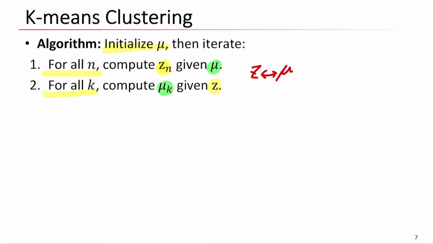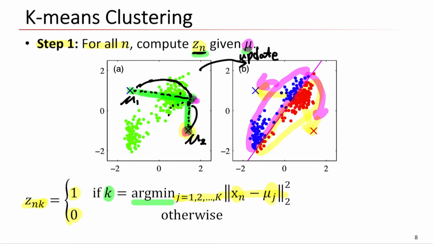The k-means clustering algorithm consists of two sub-optimizations. In the first optimization, we find Zn given mu, and in the second optimization, we find mu k given Z. So this is the alternating minimization technique, right?